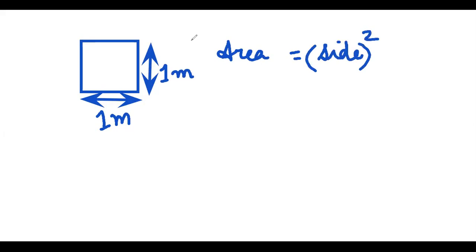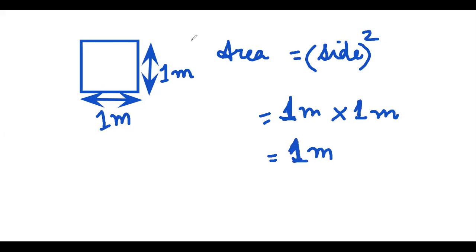That means 1 meter multiplied by 1 meter. 1 multiplied by 1 is 1, and meter multiplied by meter is meter square. It is multiplied twice with itself, so the power is 2.